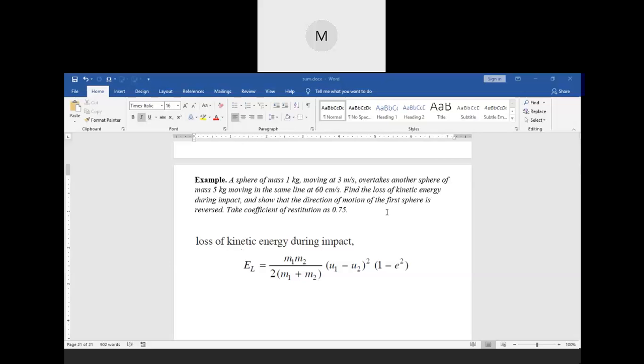From those two equations you will be able to find v1 and v2 and finally prove what is given in the question. If you are not able to do it, I'll solve it in the next class, but we have to try it. Will you try it? Yes. Okay.